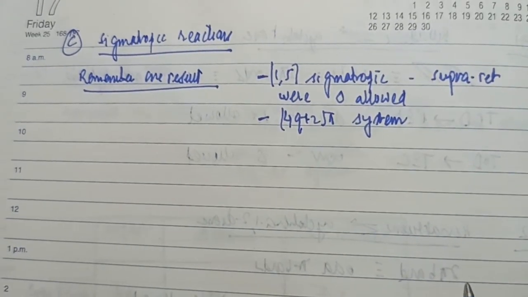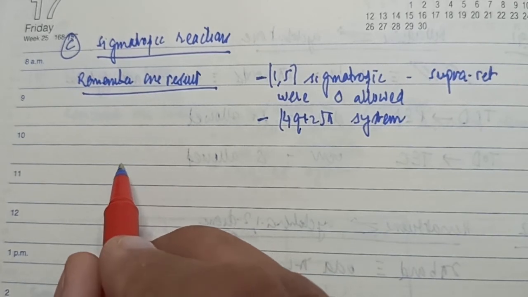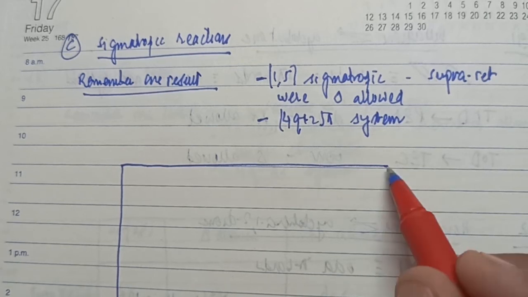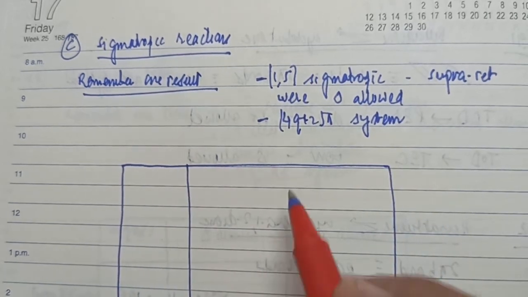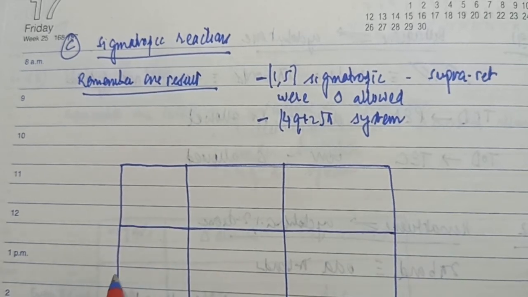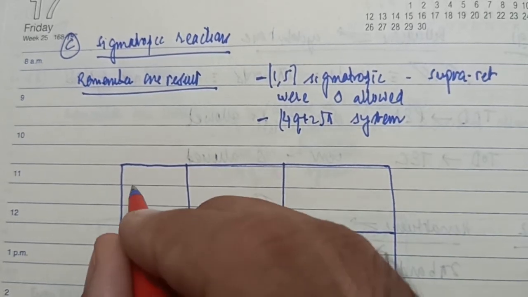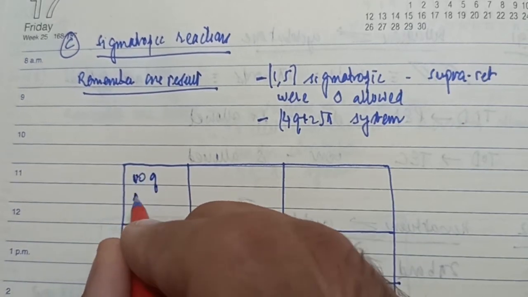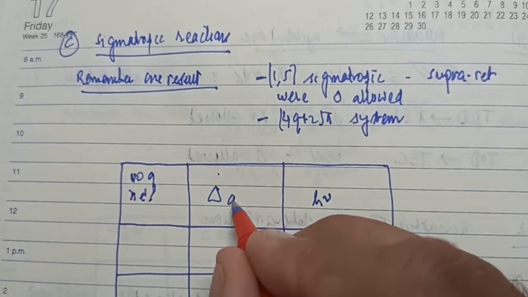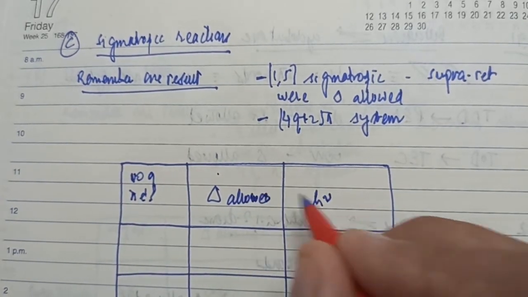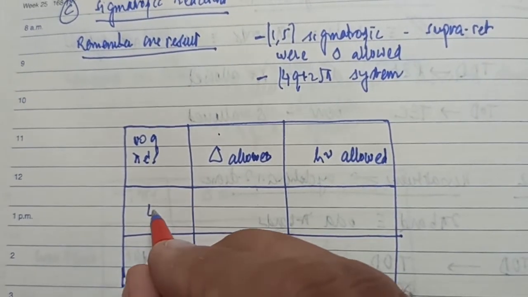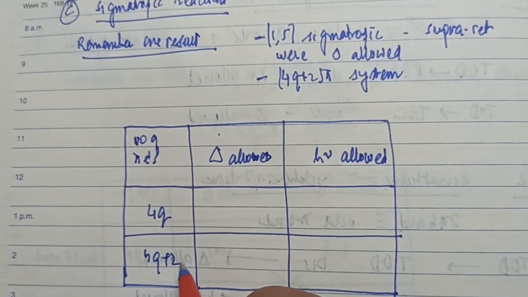Then I need to create the selection table, which is extremely easy for me. Again, create a table with 3 rows and 3 columns: number of pi electrons, thermal process thermally allowed, photochemical photochemically allowed, the 4Q system and the 4Q plus 2 pi system.